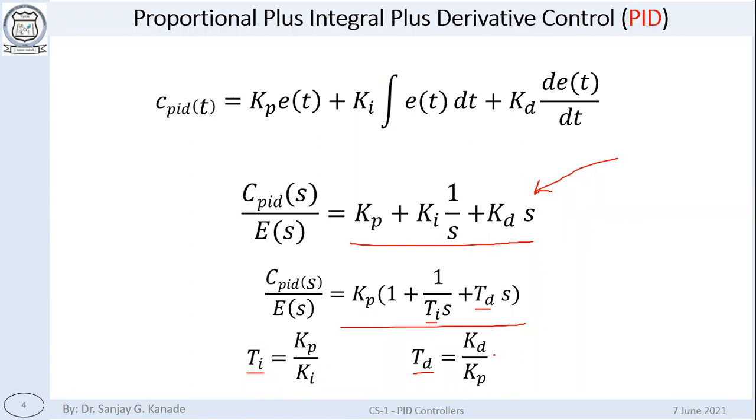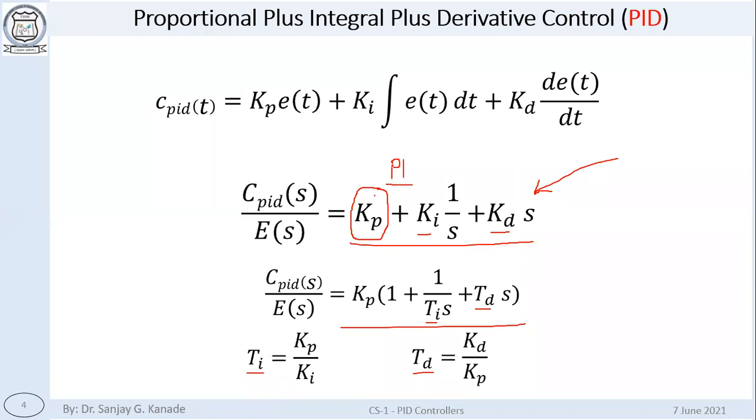Okay, so let's say Ki is equal to 0 and Kd also is equal to 0. What will remain? Only Kp will remain, right? Meaning the controller will become a proportional controller. If Kp and Ki exist but Kd is 0, it will become proportional integral, which will be called a PI controller.